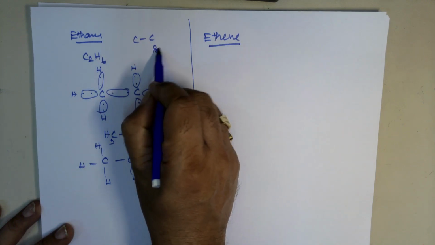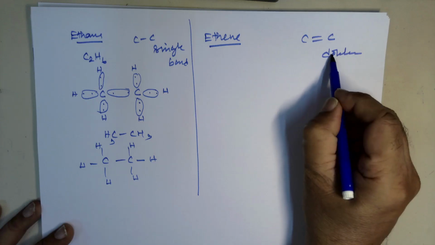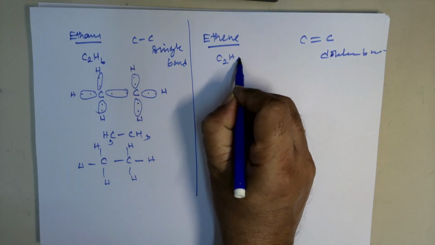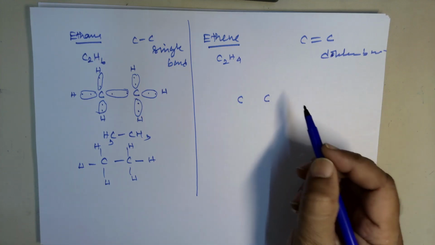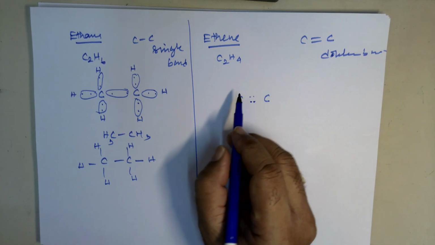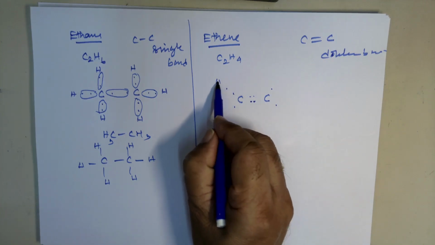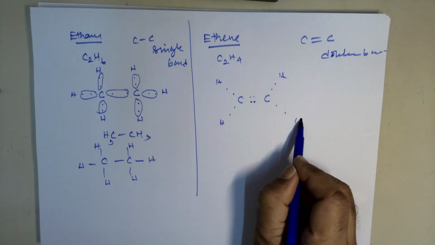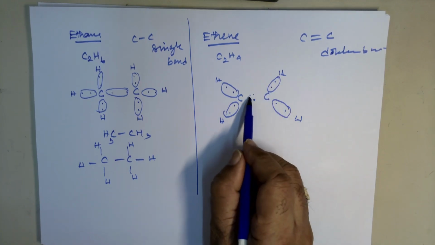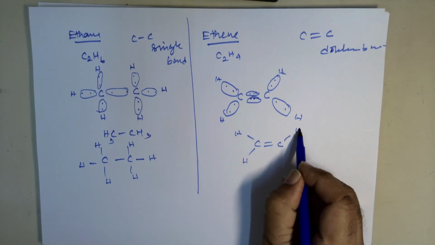Here we have a CC double bond. Of the 4 valencies of each carbon, 2 are used in the double bond and the remaining 2 go to hydrogens. So each carbon has two CH bonds, with a C double bond C between them.